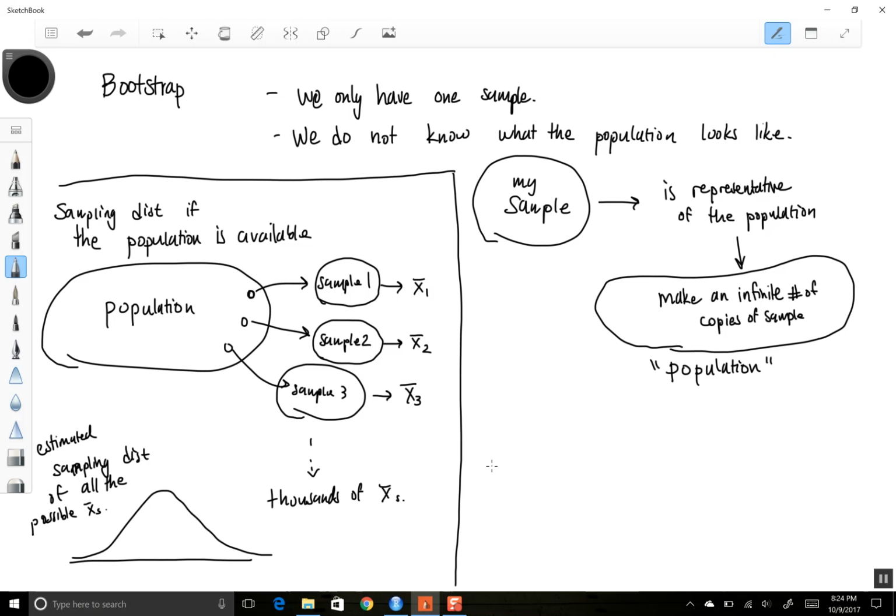That's what I'm doing. I take my sample, I make an infinite number of copies of it. This is your poor man's population, okay?